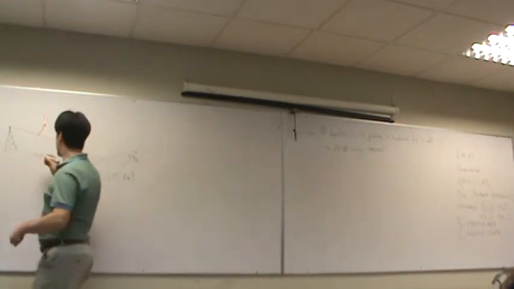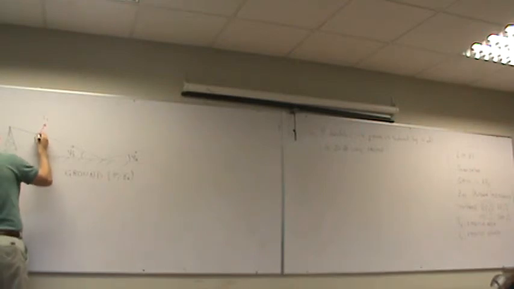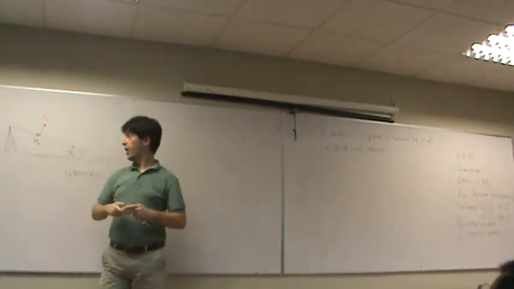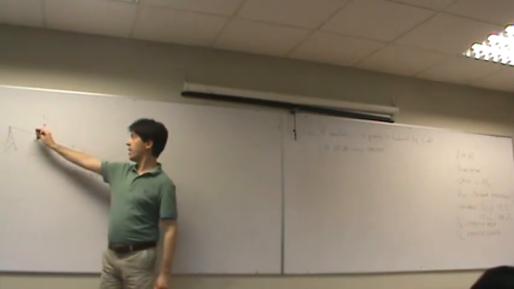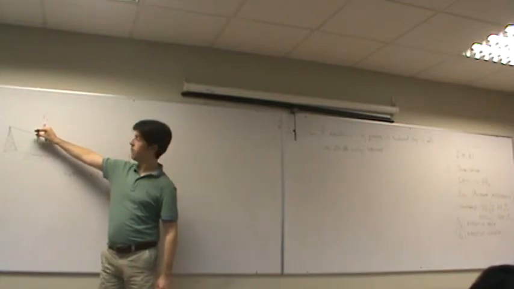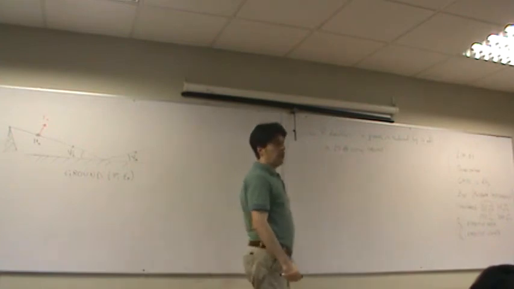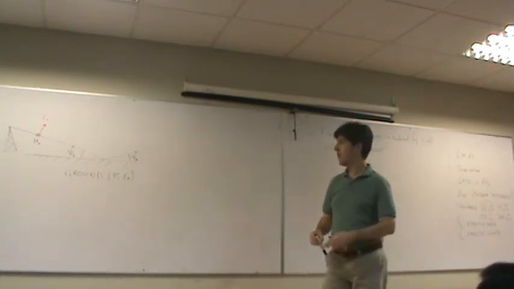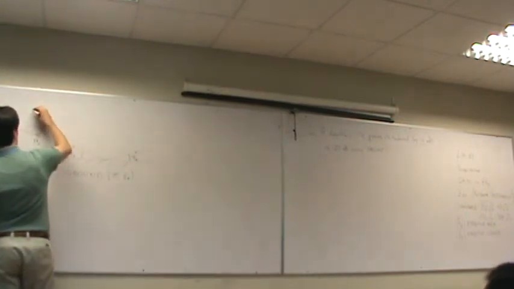The magnetic field will be obviously perpendicular to the electric field and perpendicular to the direction of propagation. Like this. We usually neglect the magnetic field. So this is the electric field of the incident wave.